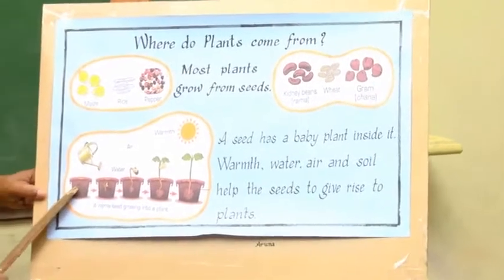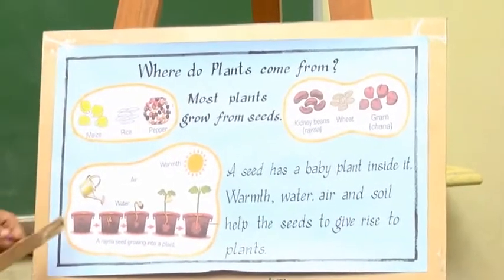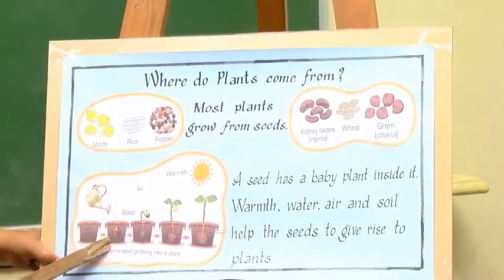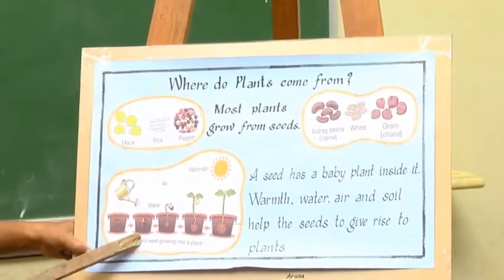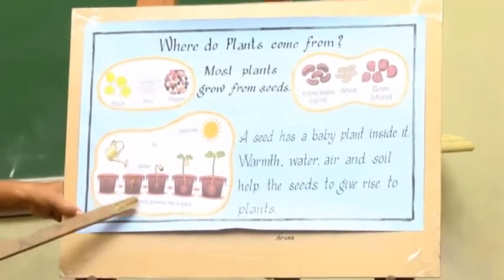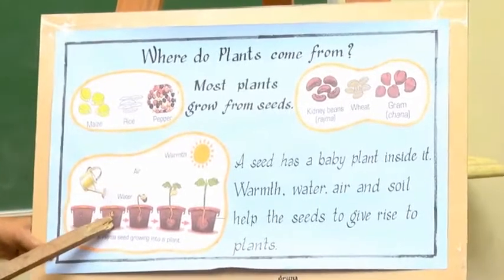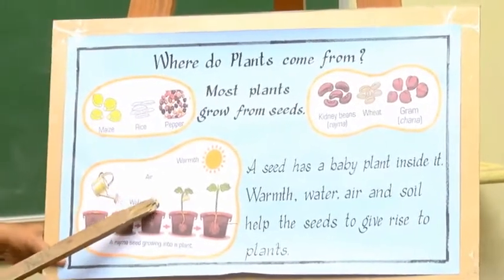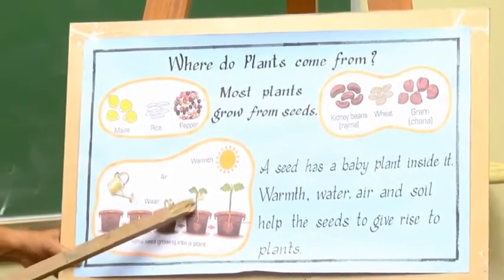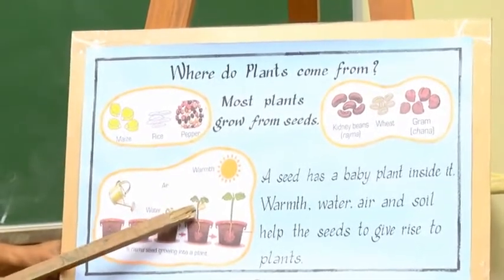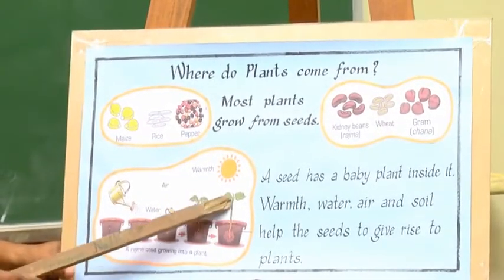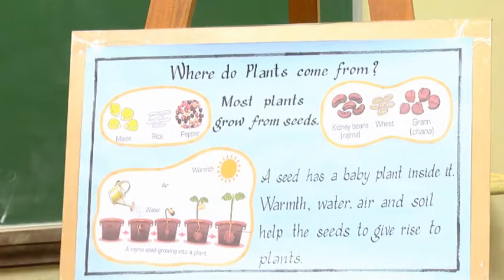You can see a white part here. When you water it, it will sprout, and the roots come out. Next, the shoot comes out, and the leaves open up, and the plant will grow from it.